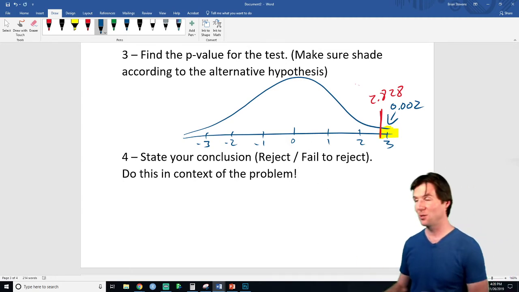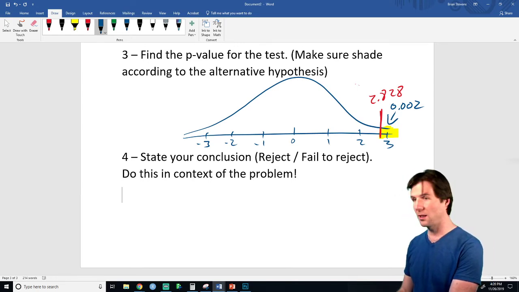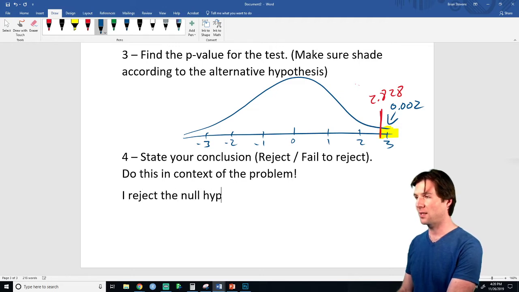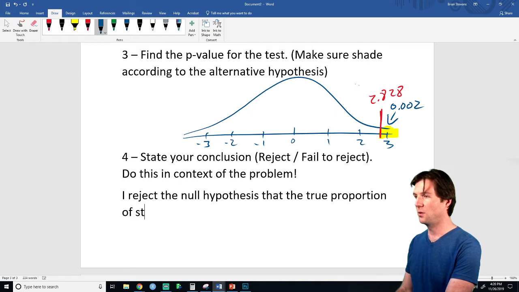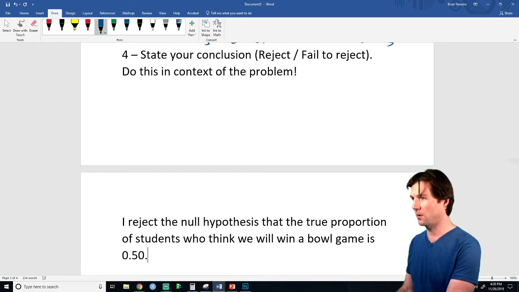Last but not least, here's what we got to write out. We need to write things like, in this one especially, I reject the null hypothesis that the true proportion of students who think we will win a bowl game is 0.50.